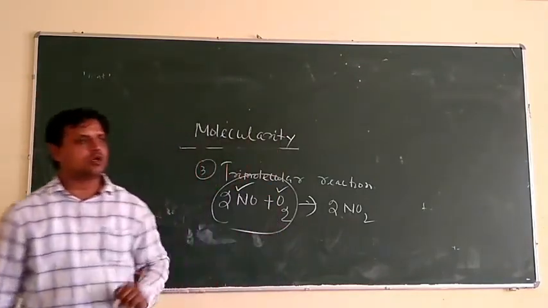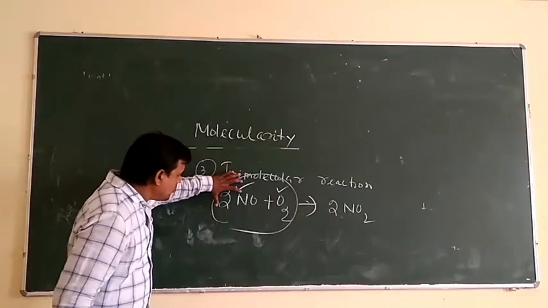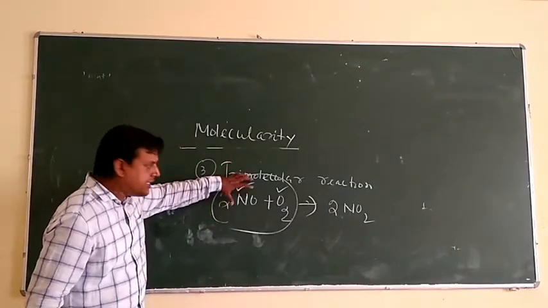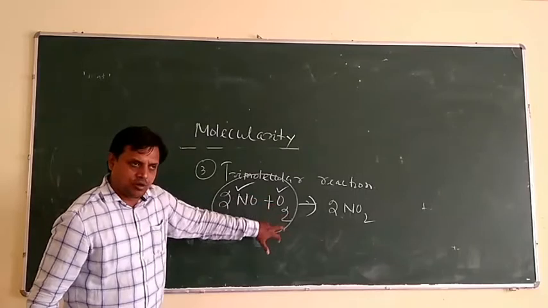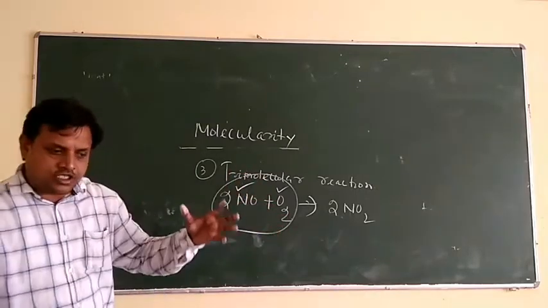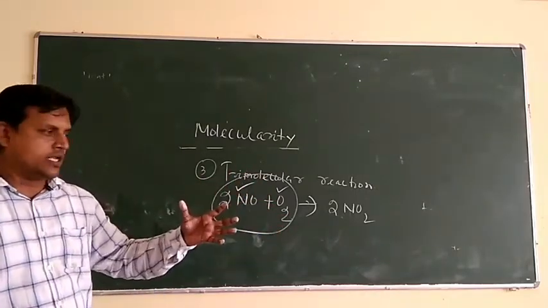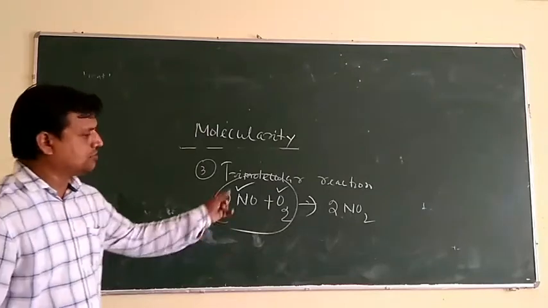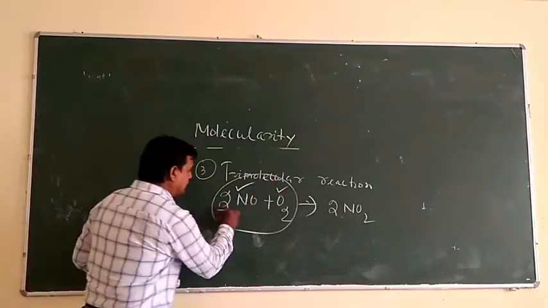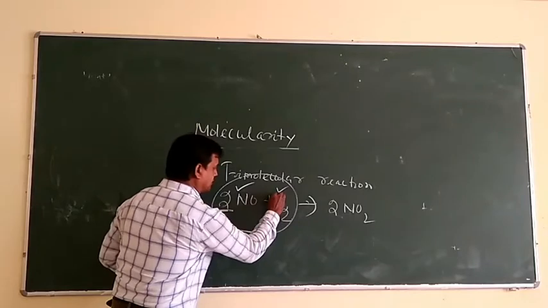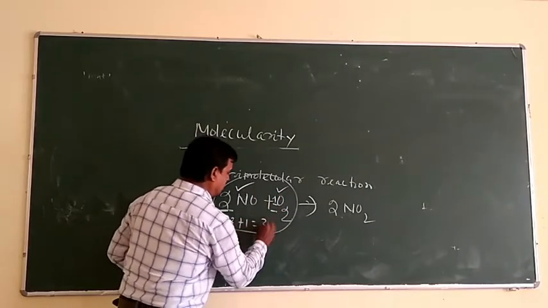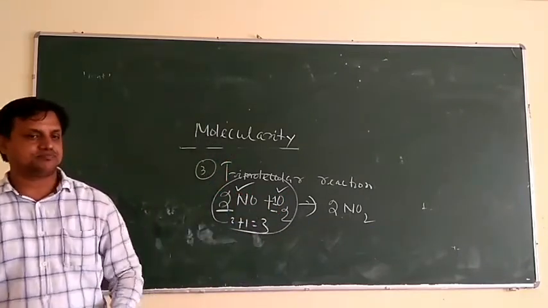So two molecules of NO are colliding with one molecule of O2 to form the product. So molecularity is 3. 2 plus 1. Molecularity is 3.